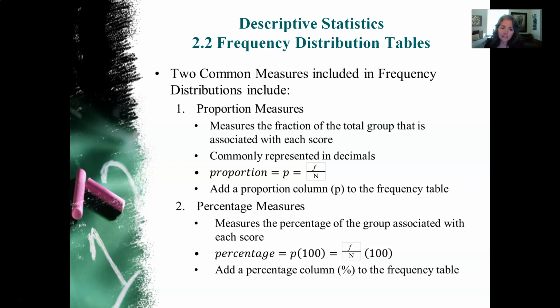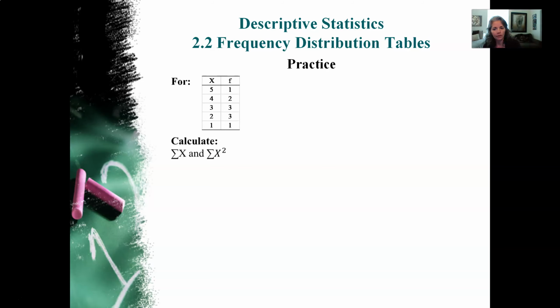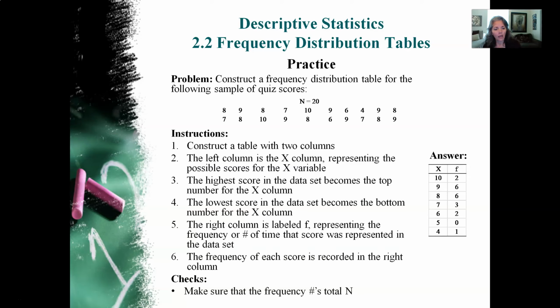Okay, so let's talk about other features that you might see on frequency tables. Sometimes you'll see a proportion column, and it's f over N. If we go back to our original example, in this quiz, what percentage of students, or what proportion of the students, scored a 10, a perfect score? 2 of 20.